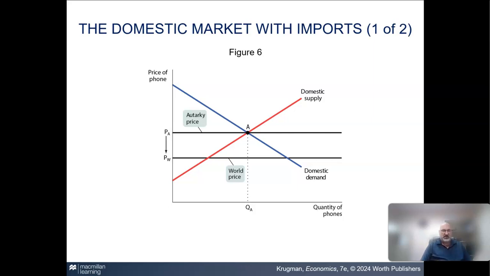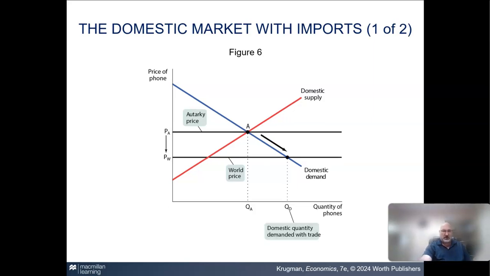World price, we're going to say, is lower. So if the world price is lower, as I just mentioned, then basically what you're going to look to do is import from the world at the world price and sell in your country. Because at the world price, and you can see it here, quantity demanded is greater than quantity supplied.